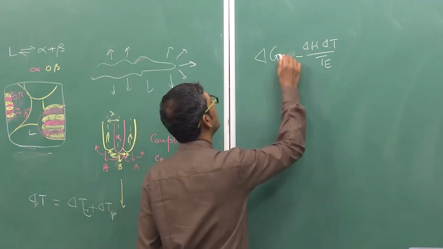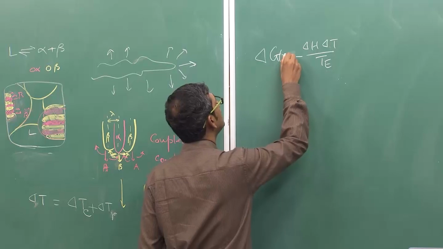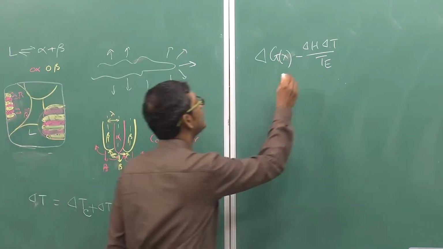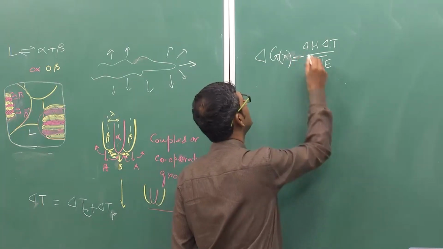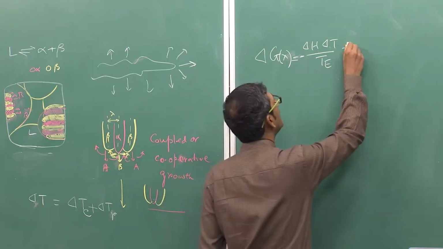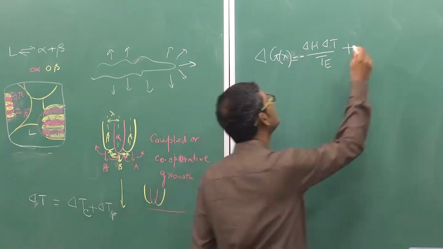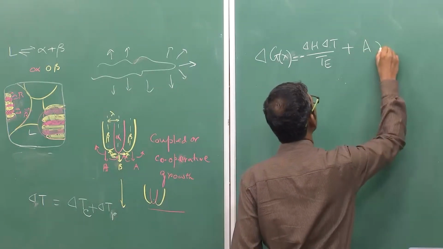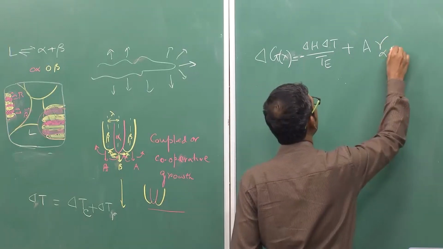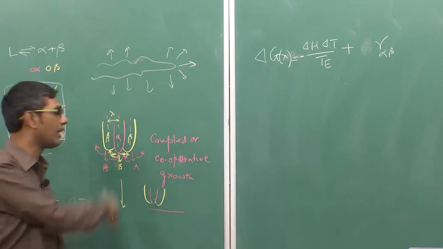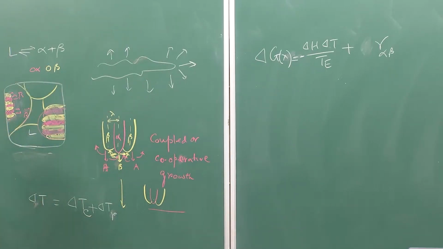So, if I write this as G when the interlaminar spacing is equal to lambda, G is equal to minus delta H delta T by Te plus the energy because of interfacial energy, that we always write as A gamma. So, what is A here? Remember, A is proportional to twice by lambda square.